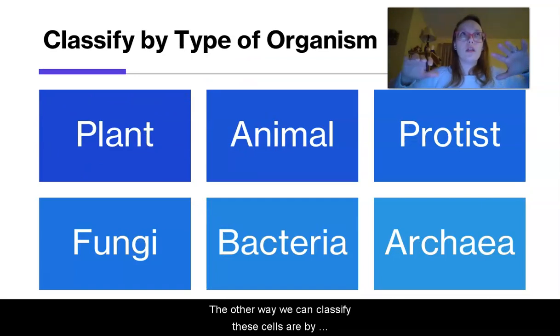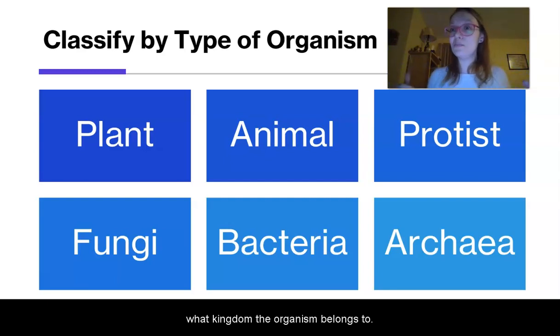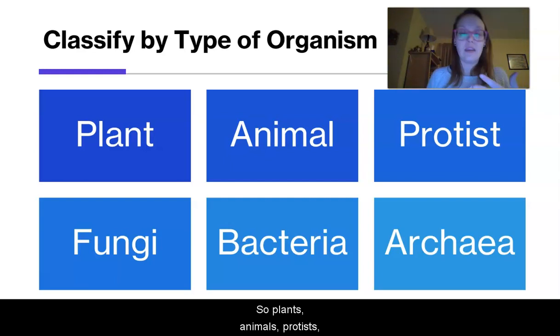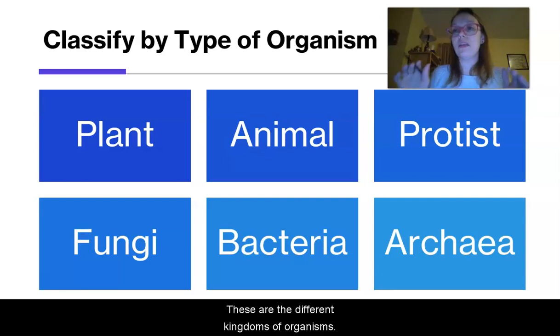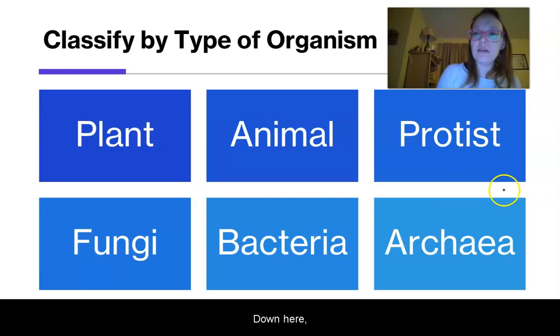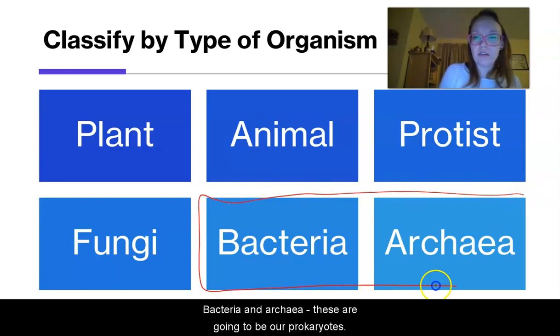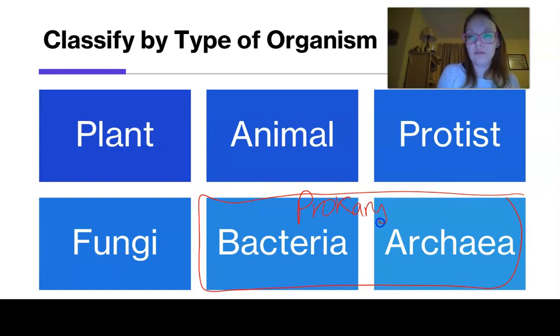The other way we can classify these cells is by what kingdom the organism belongs to. So plants, animals, protists, fungus, bacteria, and archaea. These are the different kingdoms of organisms. Down here, bacteria and archaea are going to be our prokaryotes.